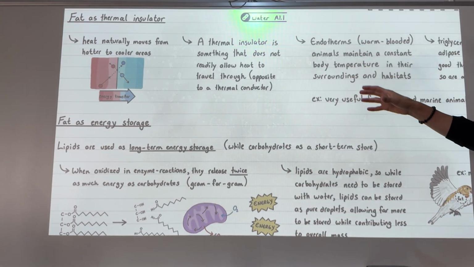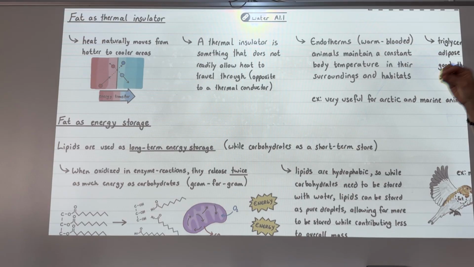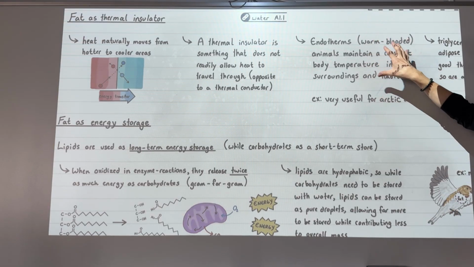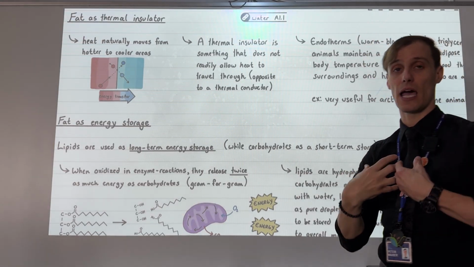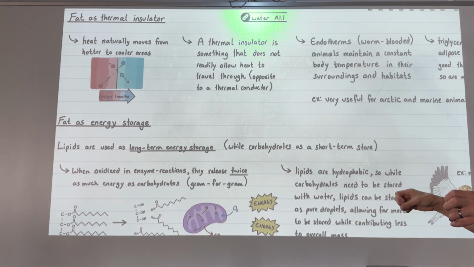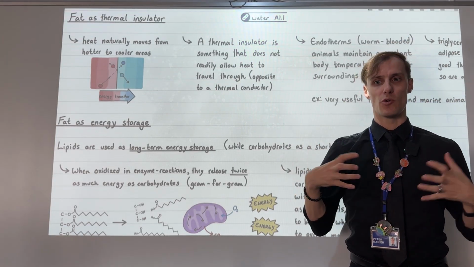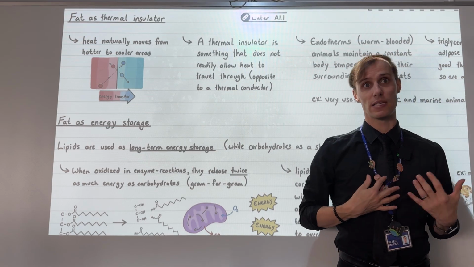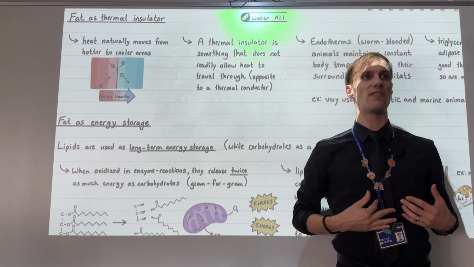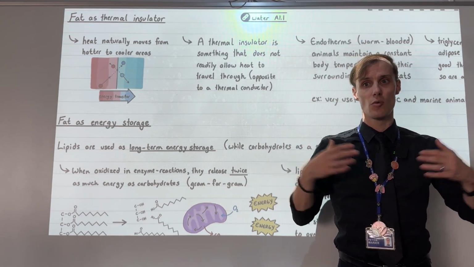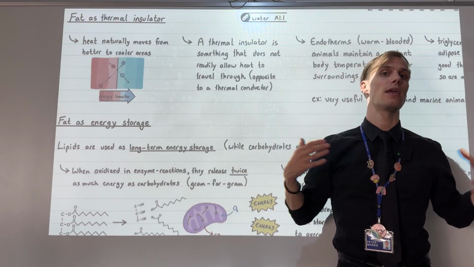And so fat is an extremely good thermal insulator. And so for things like endotherms, like us, or warm-blooded animals, they are trying to maintain a constant internal body temperature, which means that our body temperature, or at least my body temperature right now, is significantly hotter than my surroundings, which means I am constantly radiating heat.